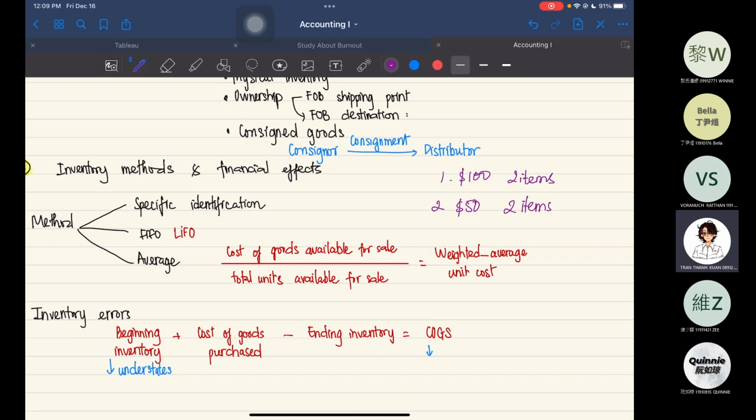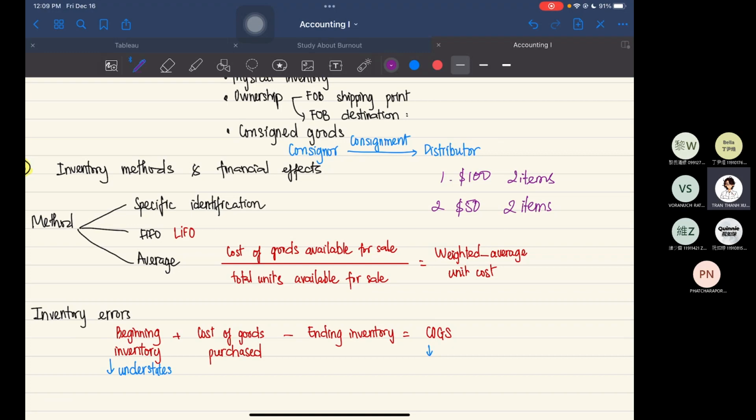So in FIFO, when you sell, it doesn't matter which item you sell. You must deduct the first item that you imported. And conversely, with LIFO, which means last in, first out, if you sell two items, you will sell the latest that you imported. Got it?